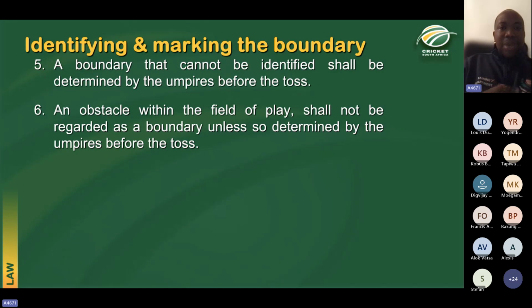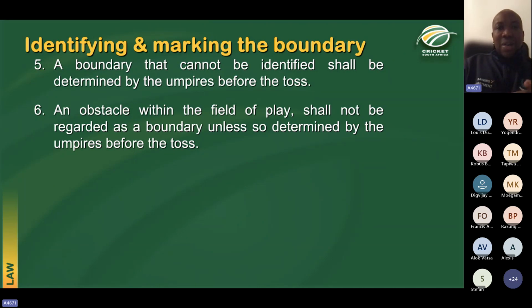So typically it might be 6 runs if it hits the rugby poles on the full. But if it hits the rugby poles after bouncing or rolling, then obviously it would be 4 runs. But don't make up those rules yourself.